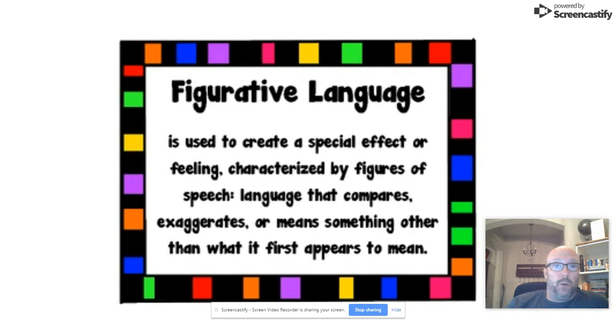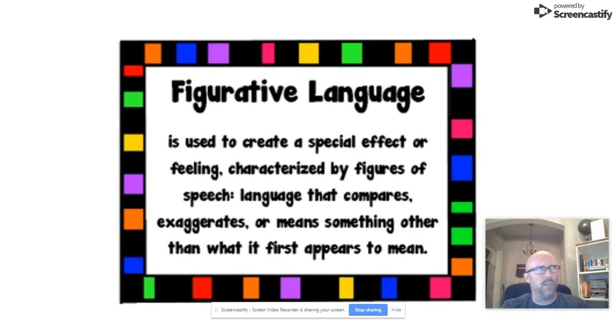The lesson today is on figurative language and what that does in writing and what it can do to help bring the reader into a story. It is a technique used by authors to bring something to life, something that may not be familiar to you as a reader, or anything else that just may need a little bit more emphasis to help really tell that story.